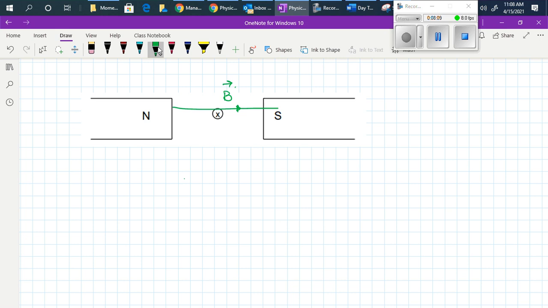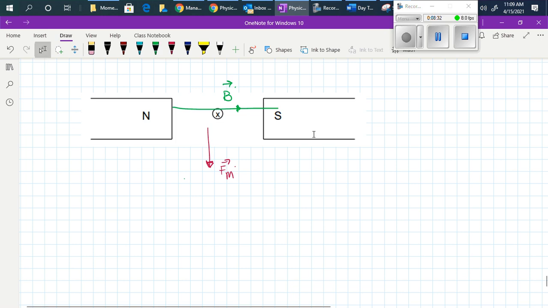Your fingers are telling you that the magnetic field is to the east. Therefore, the palm is headed down the page. So that means that the magnetic force is in this direction.